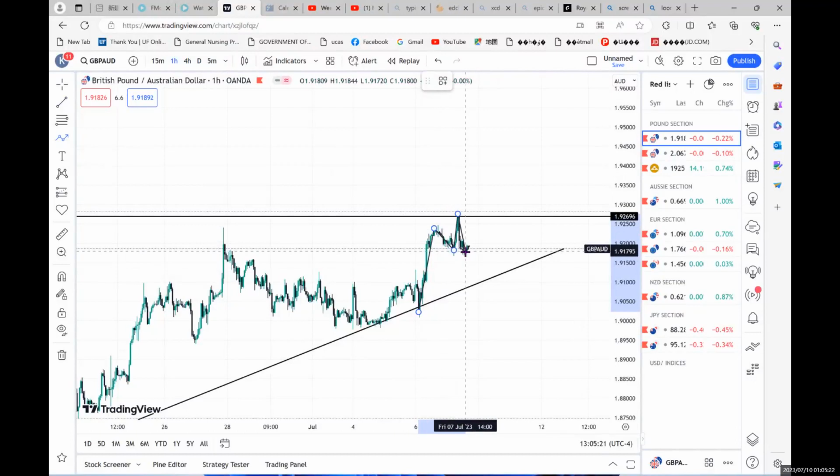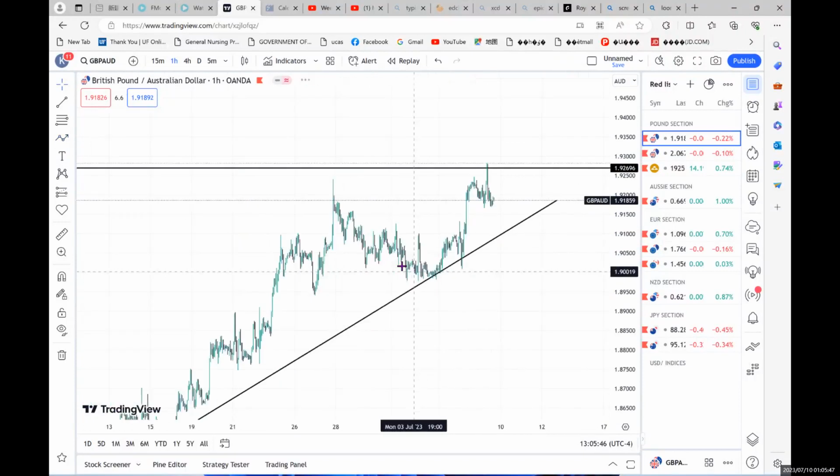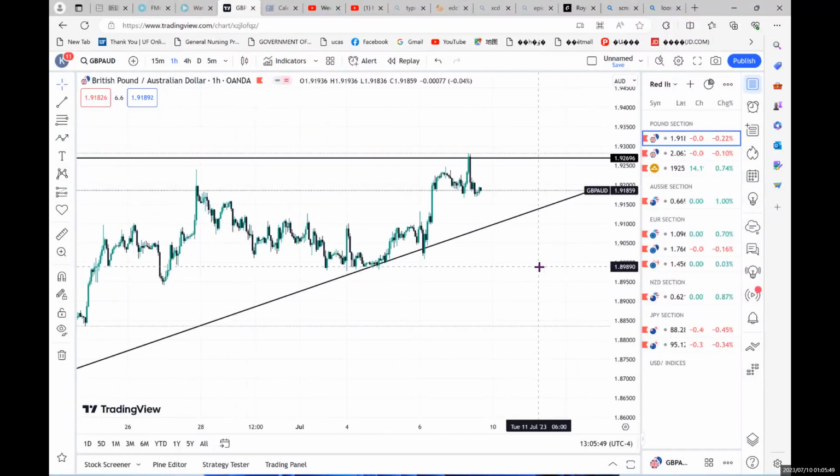So come Monday, price possibly can push back up into the highs at this level and just continue going up. That's another possibility. Price could try creating another high, fail, push back down to our trend line, and then continue. So these are just some of the scenarios and the possible outcomes.